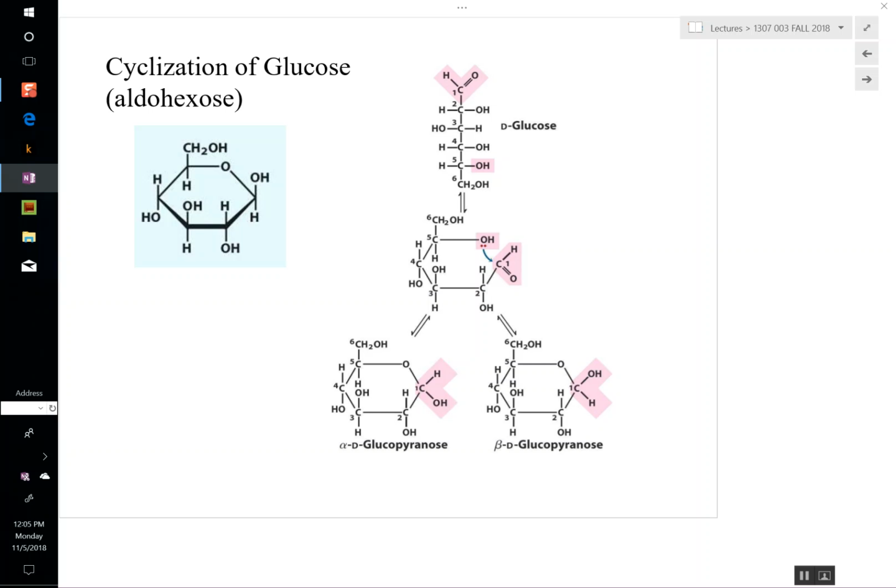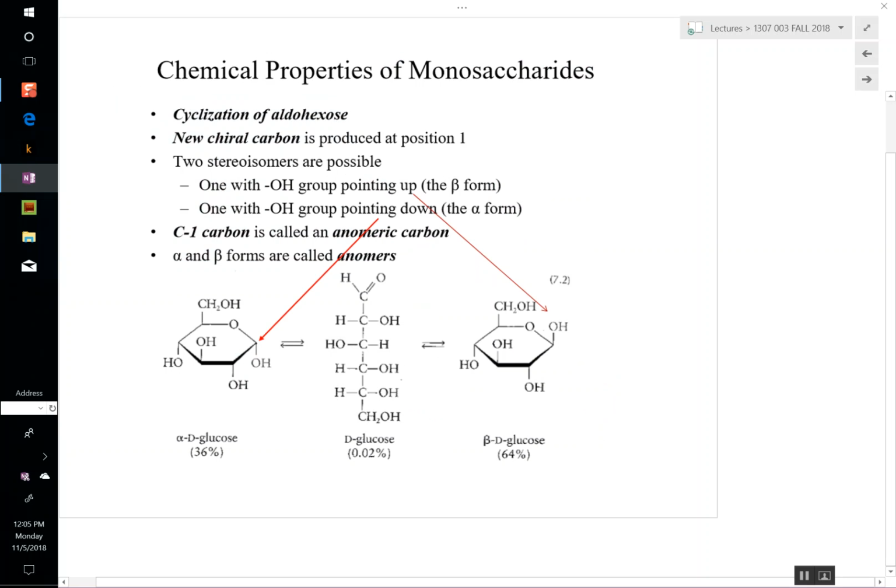And there you get the alpha D-glucose, beta D-glucose. Here's the alpha D-glucose. I'm ignoring the hydrogens. Below, below, above, below is alpha. Beta: above, below, above, below, just alternating through there.